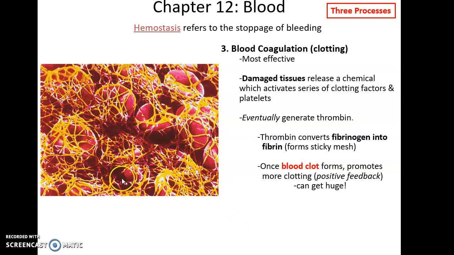So there's lots of red blood cells associated with a blood clot, and this clotting then stimulates more clotting. So blood clotting is actually a positive feedback. So blood clots can get really big. There are videos on YouTube of people pulling huge blood clots out of their nostrils. Pretty nasty. I do not recommend watching it.